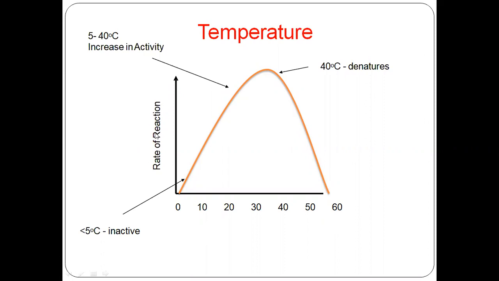And the Y-axis is the rate of the reaction. If you see this peak here, as the temperature is increasing, the rate of the reaction is increasing till here, which is the maximum rate of the reaction. What is this temperature? Nearly 35 degrees centigrade. At 35 degrees centigrade, this enzyme has maximum activity.